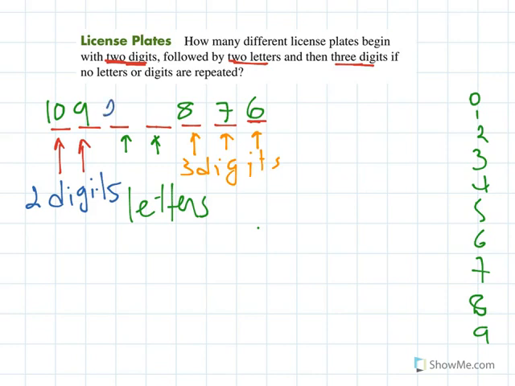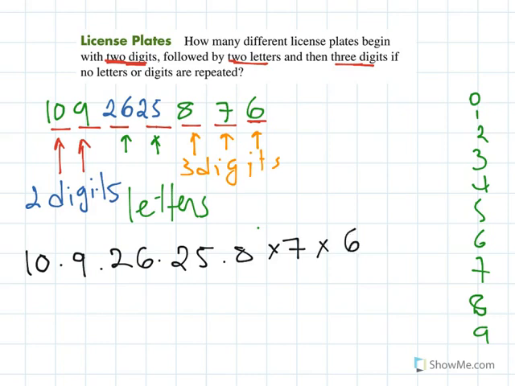So if the first one is 26, the second one, without repeating, will become 25. So to solve this, you need to multiply all these numbers together: 10 times 9 times 26 times 25 times 8 times 7 times 6.